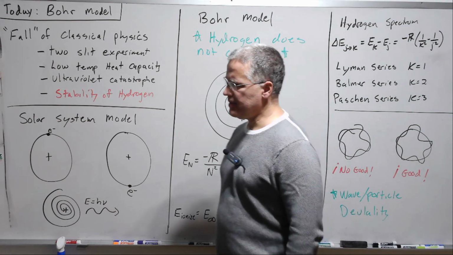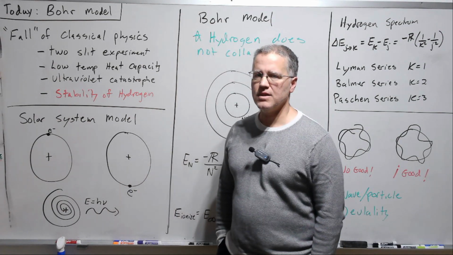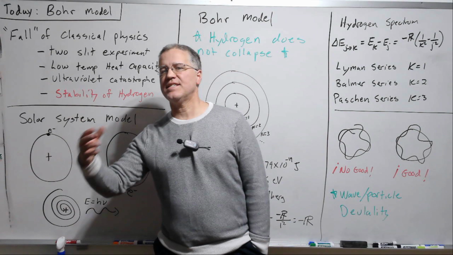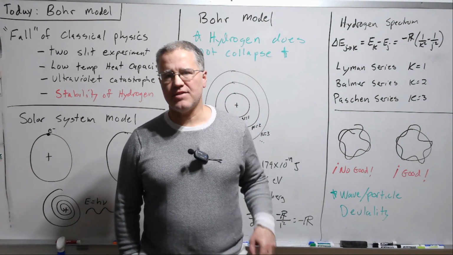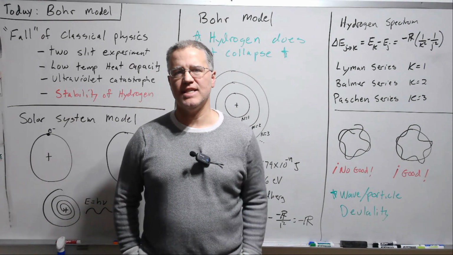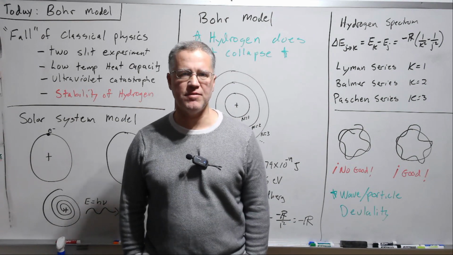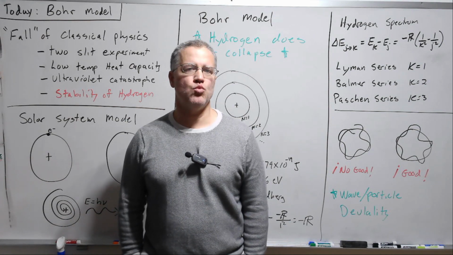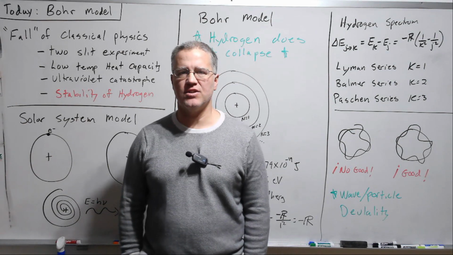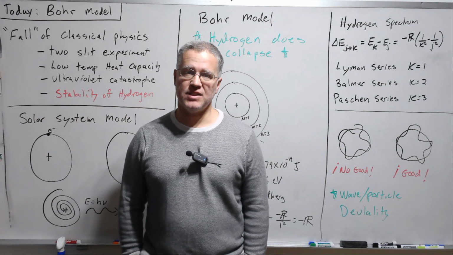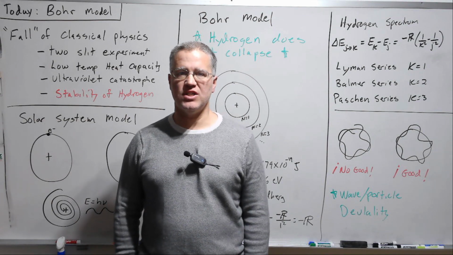All right, well, to set the background, at the turn of the last century, so around 1900, it was thought that physics was essentially completely solved, and the job of physicists was simply to work out more elaborate problems to better understand the universe. But things rapidly changed as technology developed.